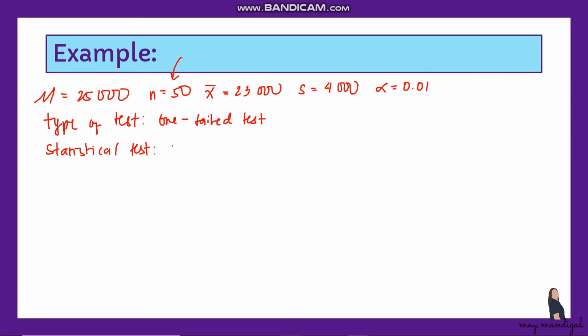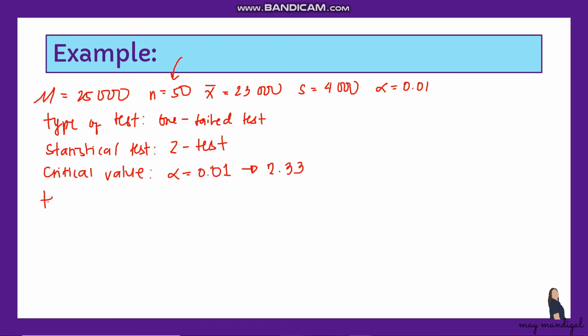So that means it is still applicable to use the z-test of one sample mean. And then let's identify the critical value. This is one-tailed and our alpha is 0.01. So therefore the critical value is positive 2.33.